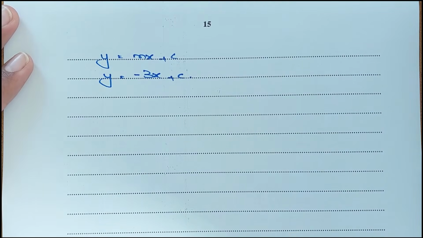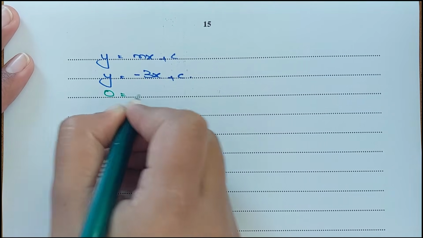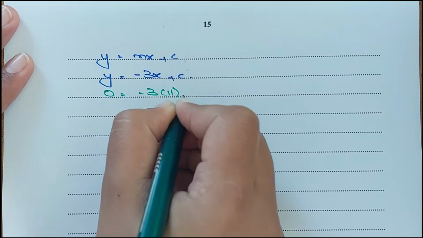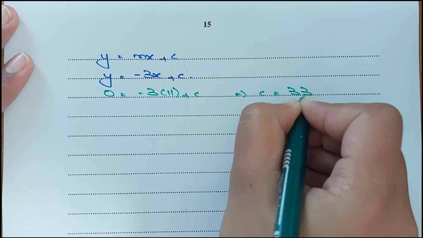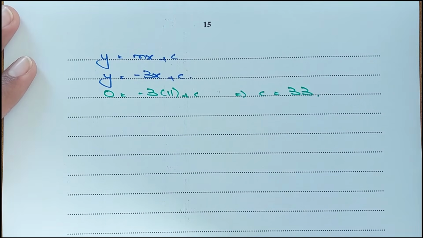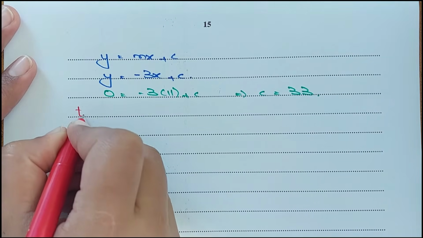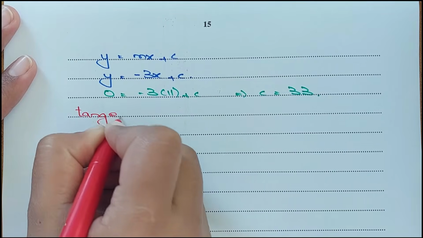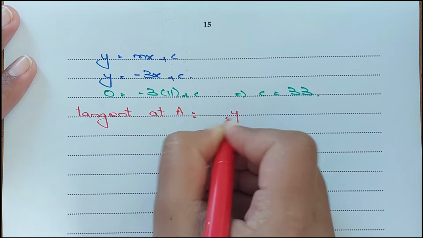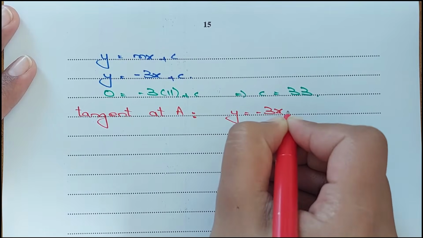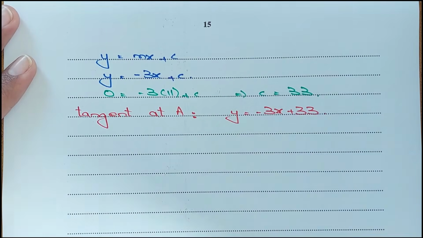The coordinates of A are 11 and 0. y is 0, so 0 equals minus 3 times 11 plus c, and from here the c value is positive 33, right? So the equation of tangent at A is y equals minus 3x plus 33, right?